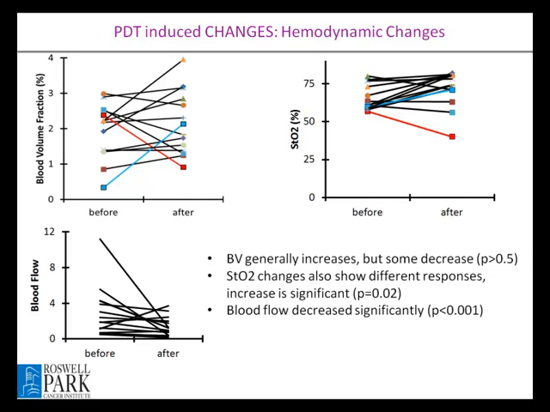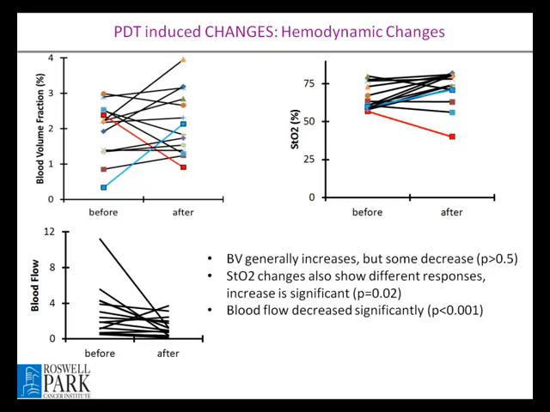I want to focus on the changes rather than the contrast. What we saw is that blood volume changes at different rates, but generally it increases, and oxygen saturation also increases, but blood flow is mostly decreasing.